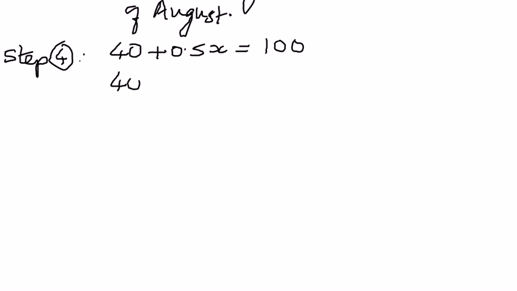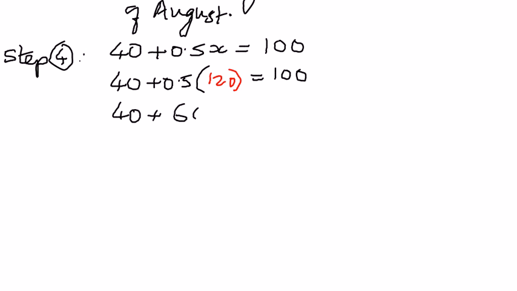So 40 plus 0.5 times 120 should equal 100. 0.5 times 120 is 60, so 40 plus 60 is 100, which is equal to 100 on the right hand side.